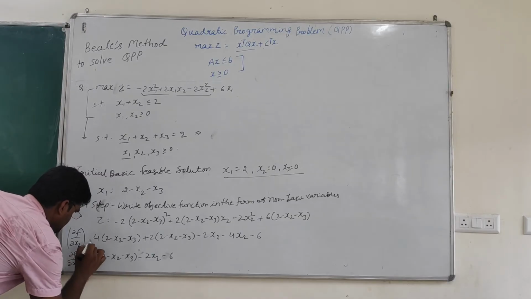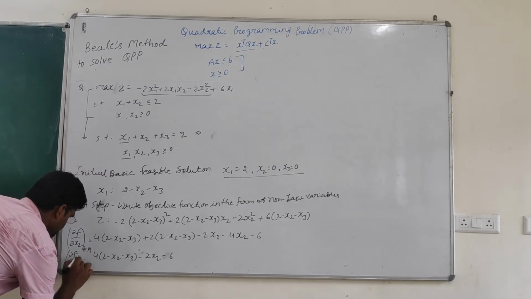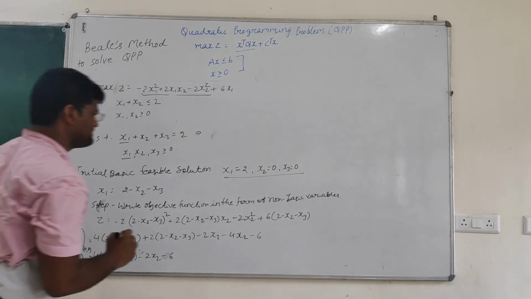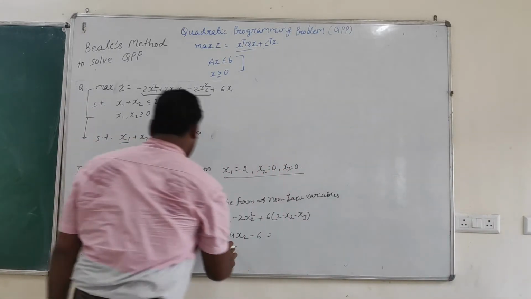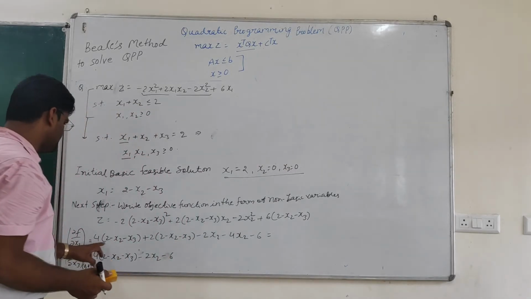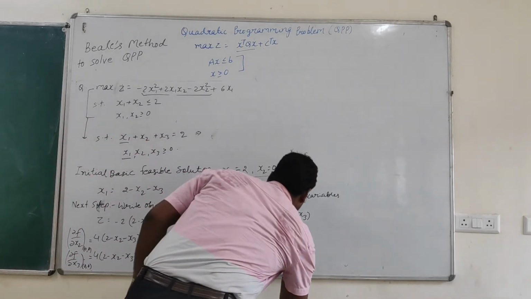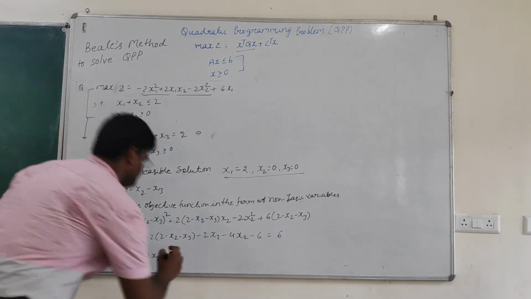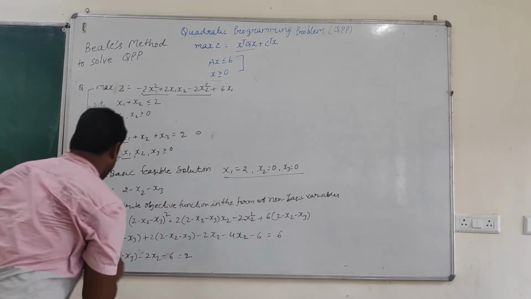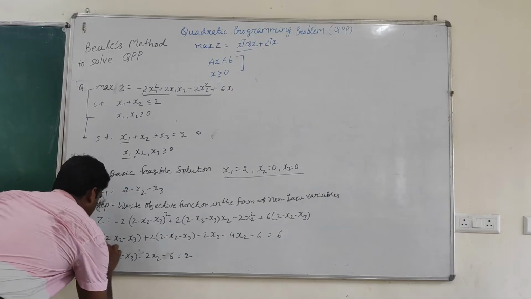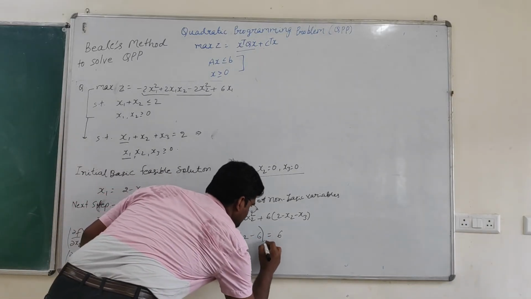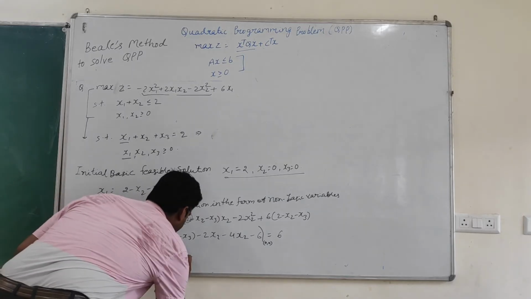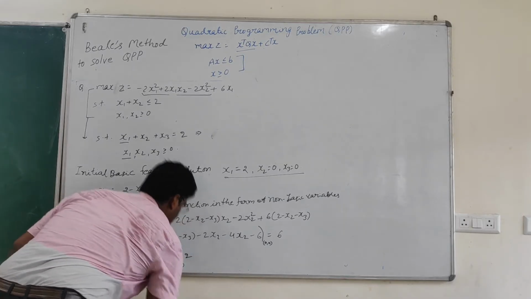All of these terms will be 0, so 12 minus 6, I will get 6 here and here I will get 2. So at the point (0, 0) we get 6 and 2.